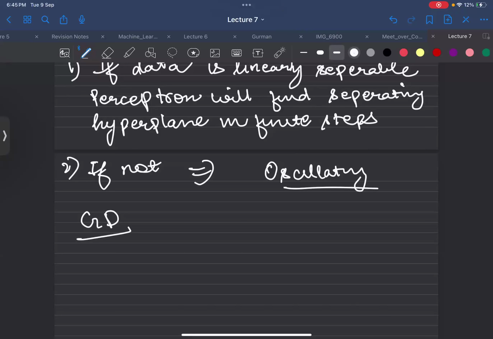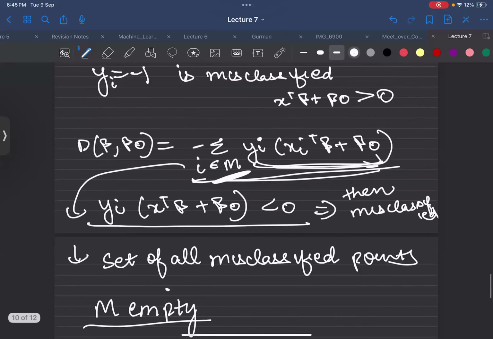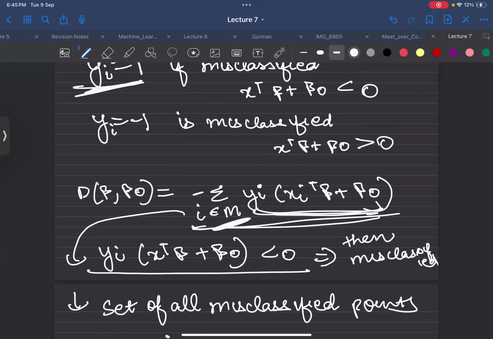According to the lecturer, the goal should be to minimize D, with D in terms of beta naught and beta, not to completely remove all the misclassified points.